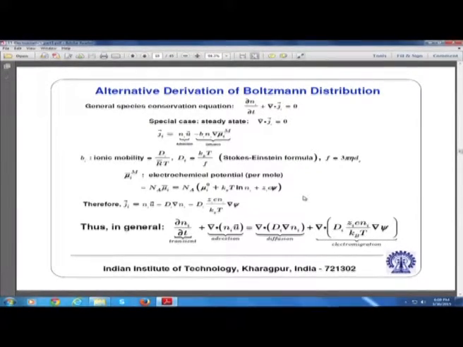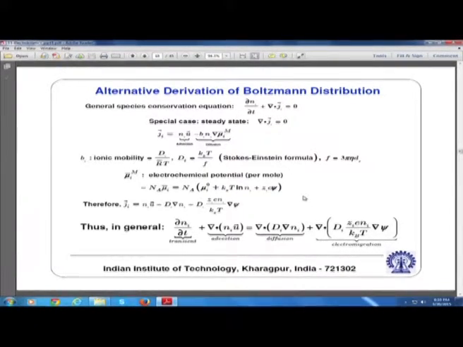Here the bar means basically a molar quantity, because we are interested in writing the expression per mole of a system. Whatever we wrote for a per unit entity, we will multiply by the Avogadro number to get the expression for the total mole.